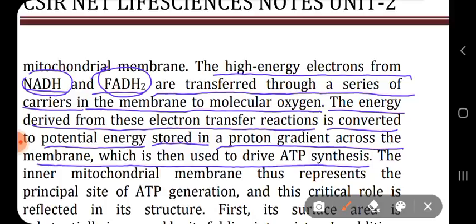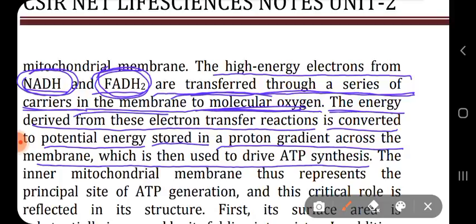So the high energy electrons from NADH and FADH2 will be transferred through a series of carrier complexes synthesized by the mitochondria within the membrane to molecular oxygen.